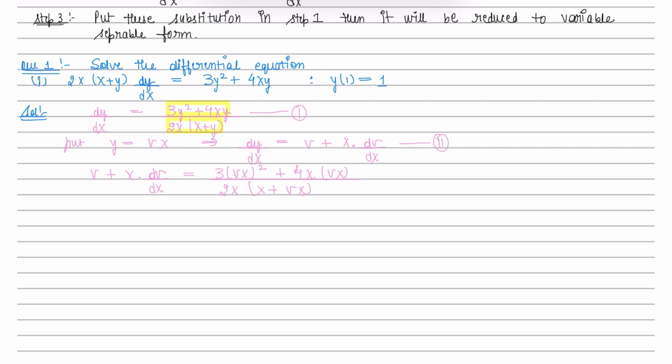And we can take x square common from both numerator and denominator, and this equation becomes this.